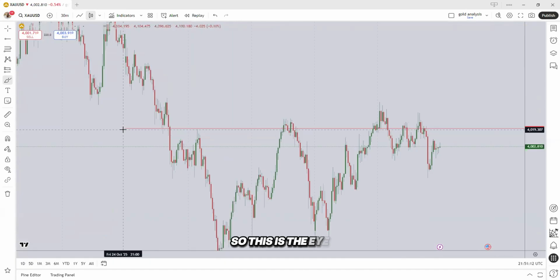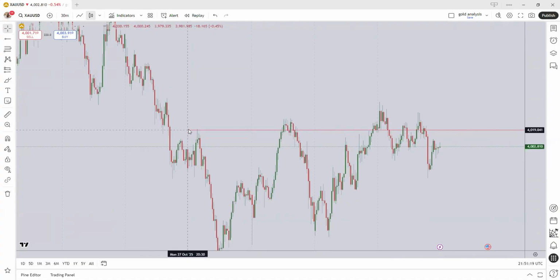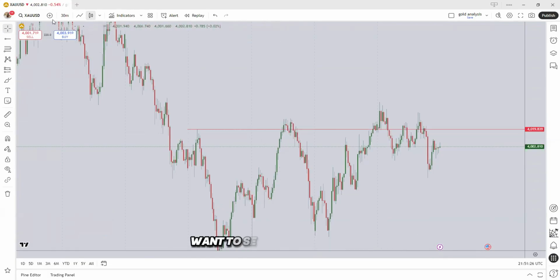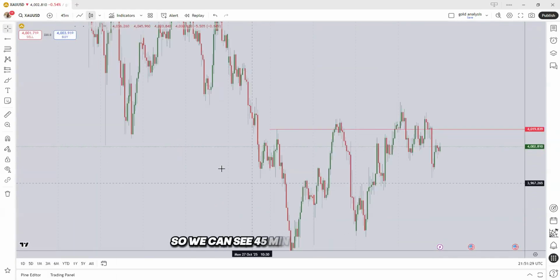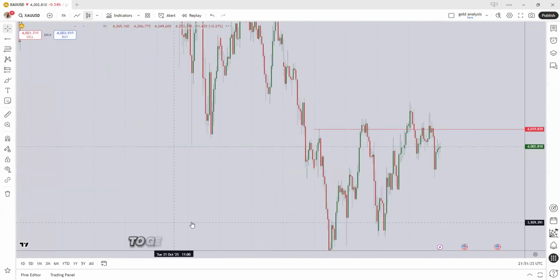So this is the high here, right? You can see the high of the previous day. And we want to see an engulfing, right? That's what we want to see. So we can look at 45 minutes or 1 hour to get an engulfing.